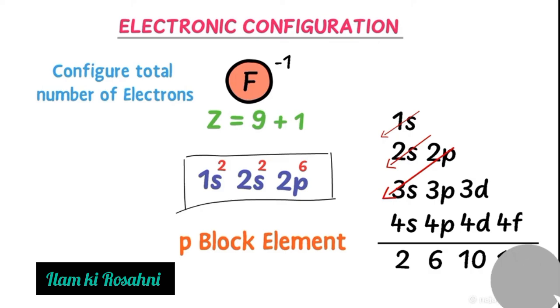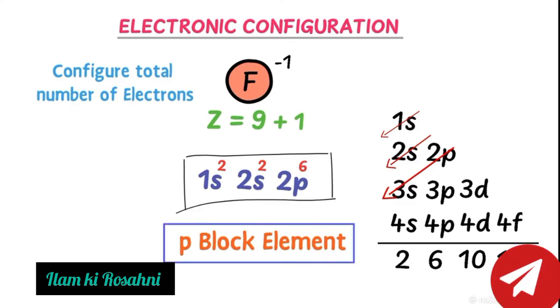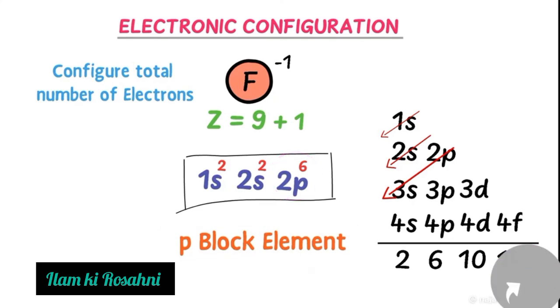So this is the electronic configuration of fluorine ion. Fluorine atom is also known as a p block element because its valence electrons lie in the p subshell. This was all about electronic configuration.